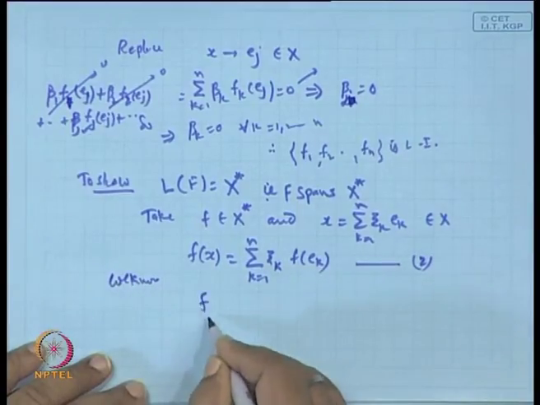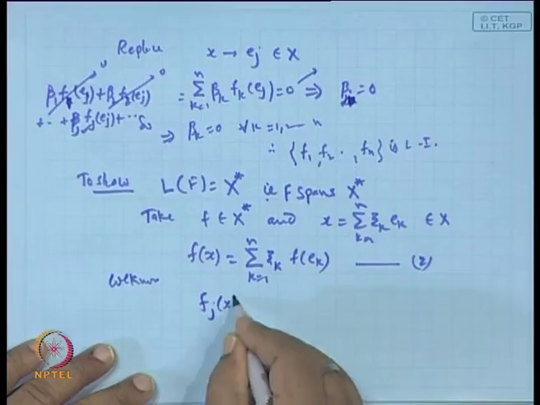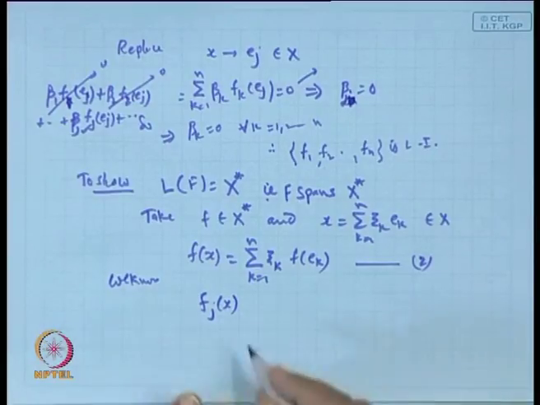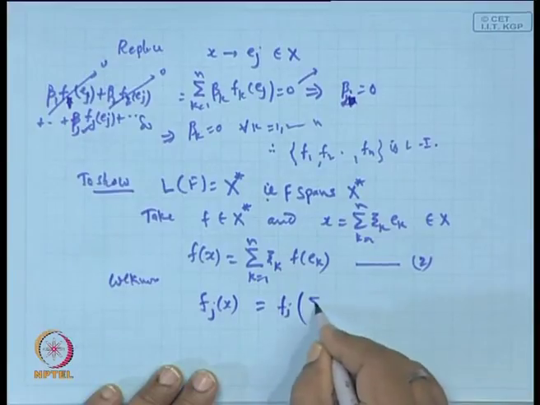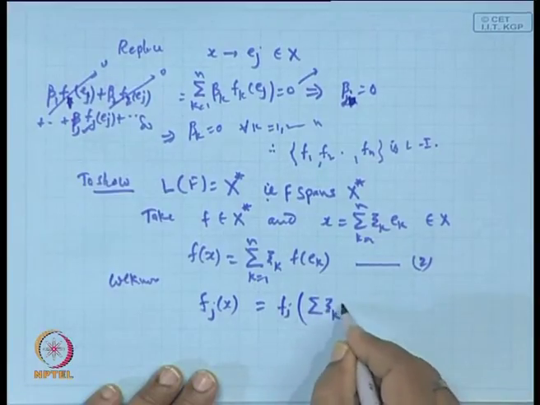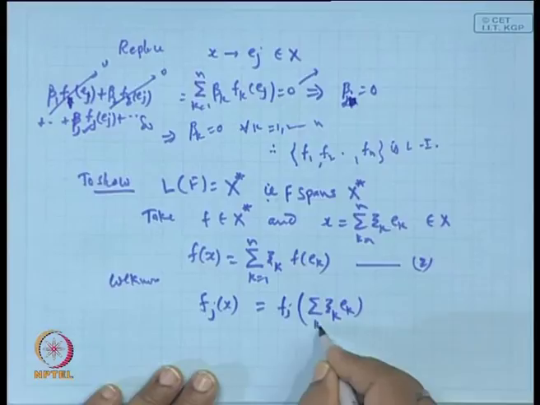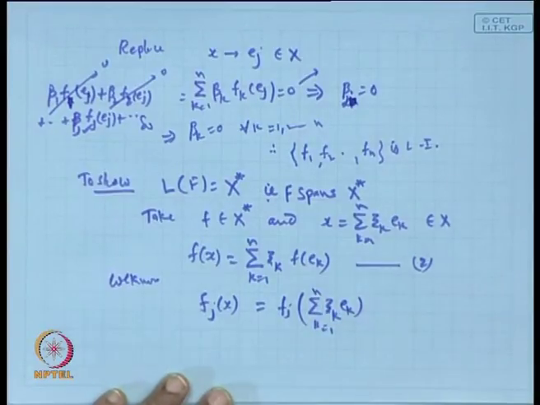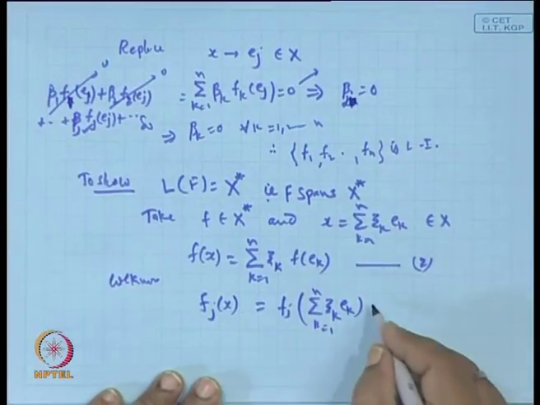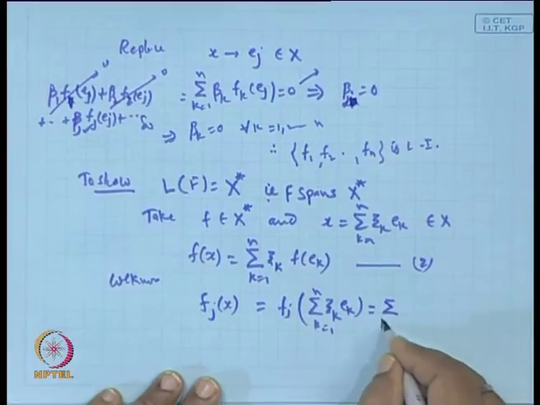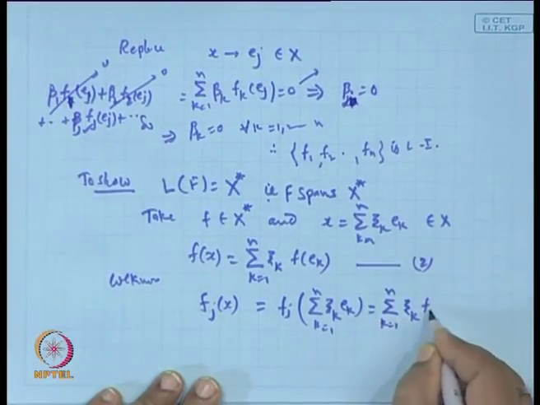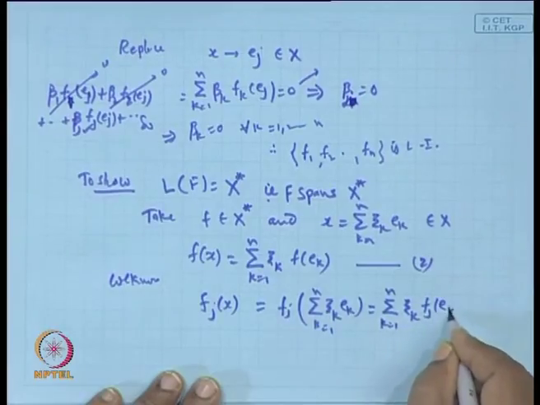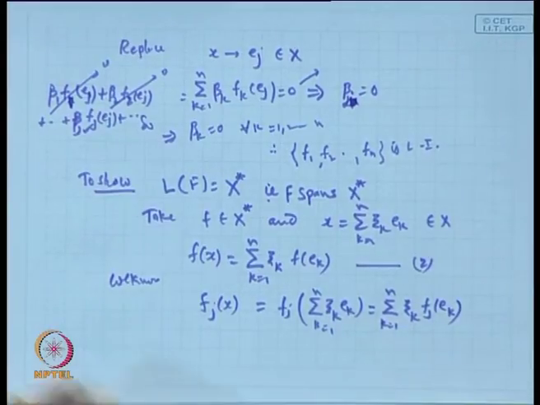that f j x, what is f j x? f j of sigma xi k e k, k equal to 1 to n, okay, which is equal to sigma k equal to 1 to n xi k f j e k, because f is linear.